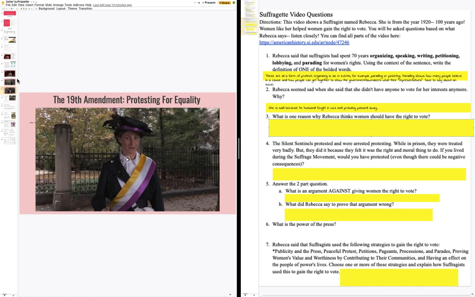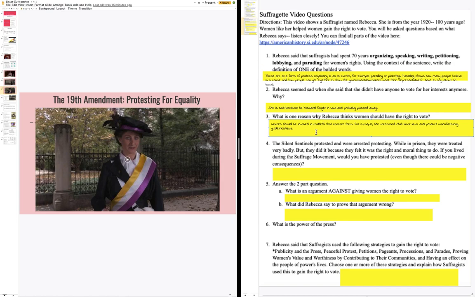What's one reason why Rebecca thinks women should have the right to vote? One of the things that Rebecca talked about was that women should be involved in matters that concern them. For example, she mentioned child labor laws and product manufacturing guidelines and laws.